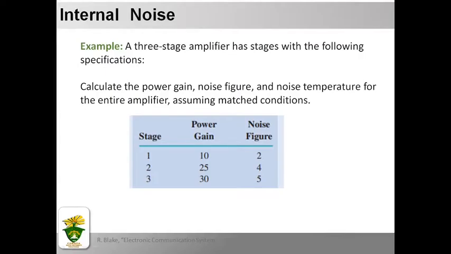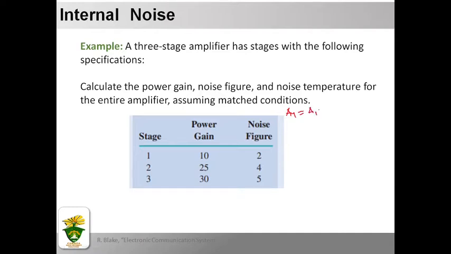So we have an example problem here. A three-stage amplifier has stages with the following specifications. With this following specification, calculate the power gain, noise figure, and noise temperature for the entire amplifier, assuming matched condition. So first, let us compute the power gain. Power gain is just the product of all gains of the corresponding stages.